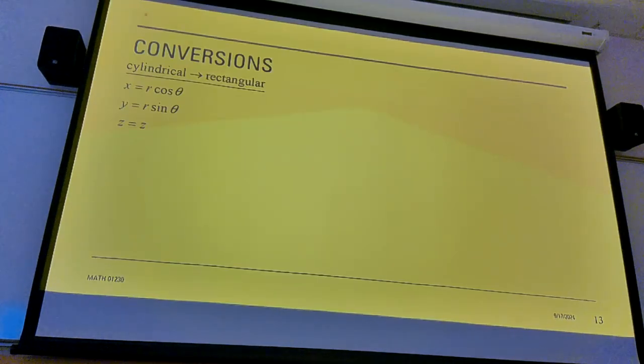So I agree r squared is x squared plus y squared. What's the other relation?